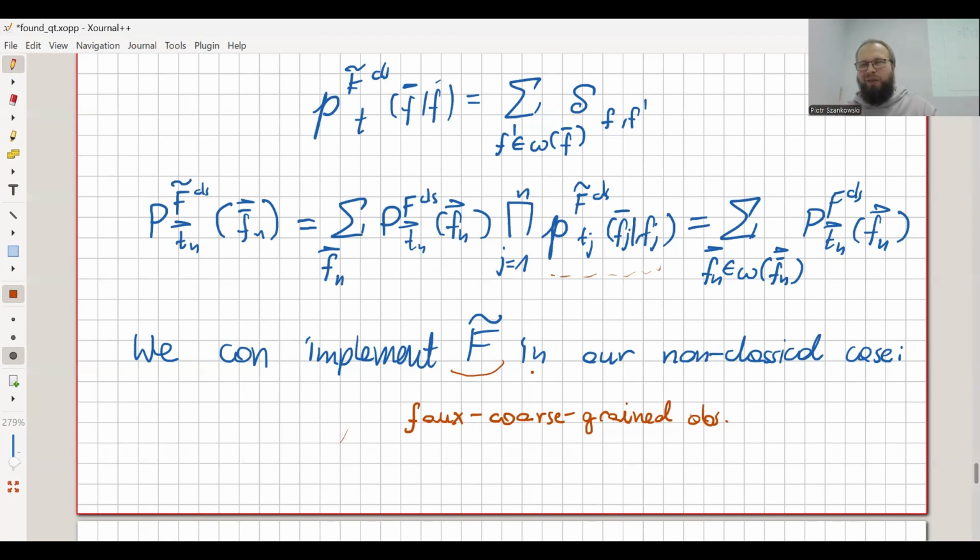So if you choose the post-processing in this form, then your non-classical F tilde would give you the same relation as this classical coarse-graining, right?